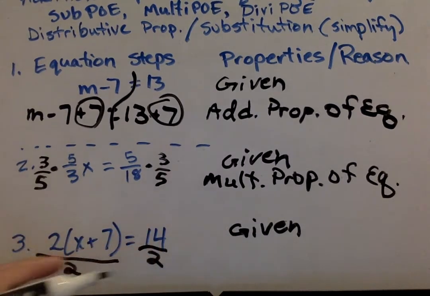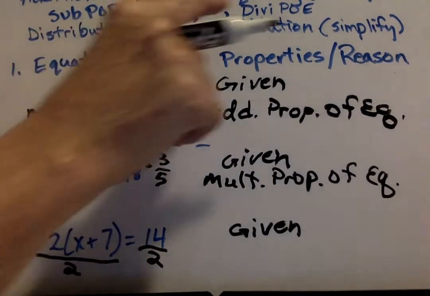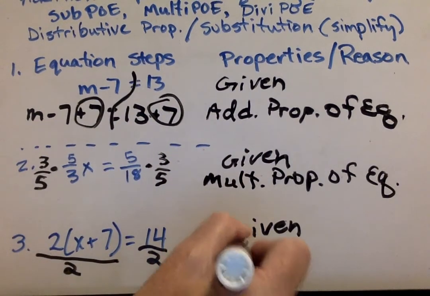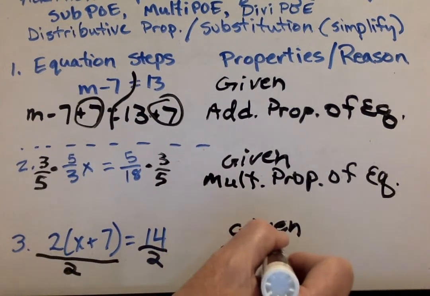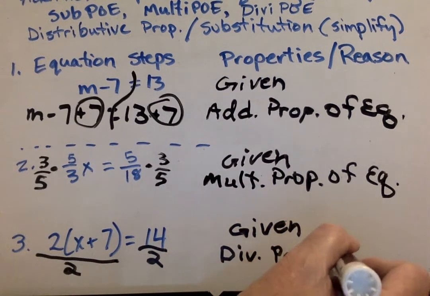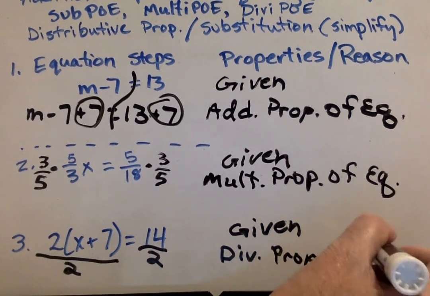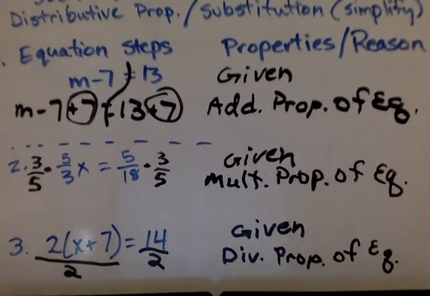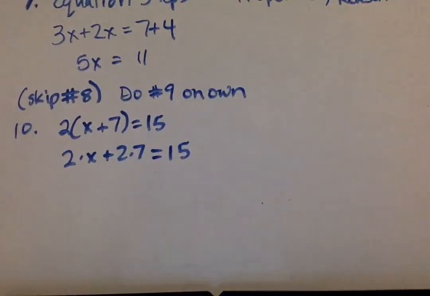Okay, so what do we just do? Divipo, that's what I call that. Division property of equality. And there you have that. Okay. Let's go on to the next page, page 77.